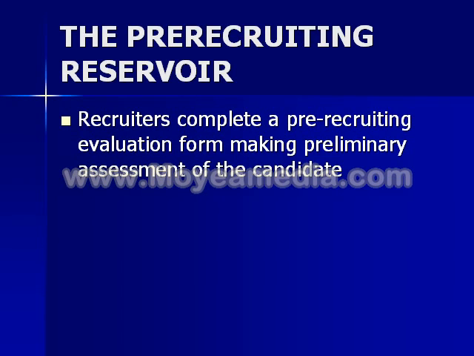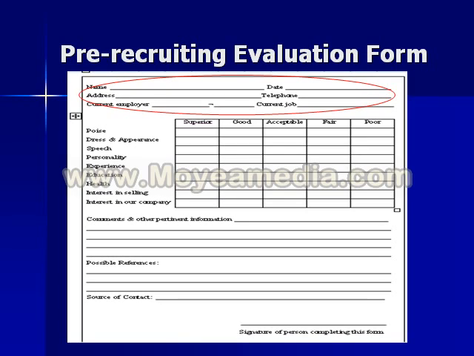To begin with, the recruiters complete a pre-recruiting evaluation form making a preliminary assessment of the candidate. This is what a pre-recruiting evaluation form looks like. It contains basic information such as name, address, telephone number, current employer, and the current job.